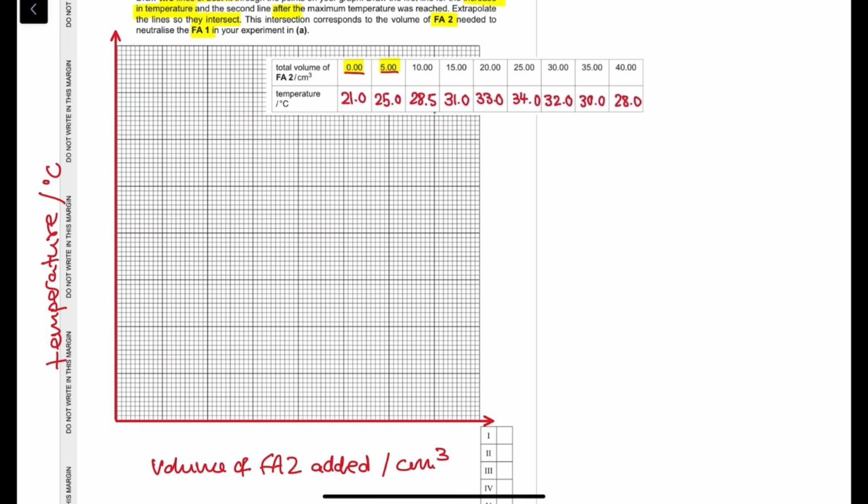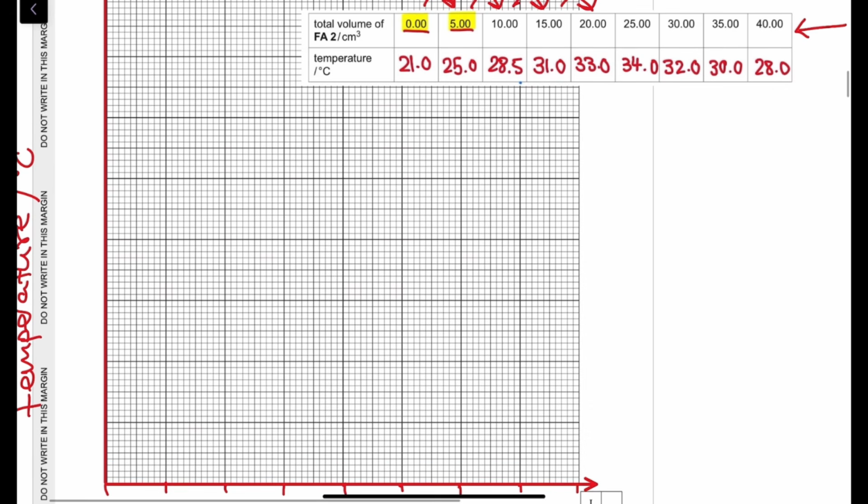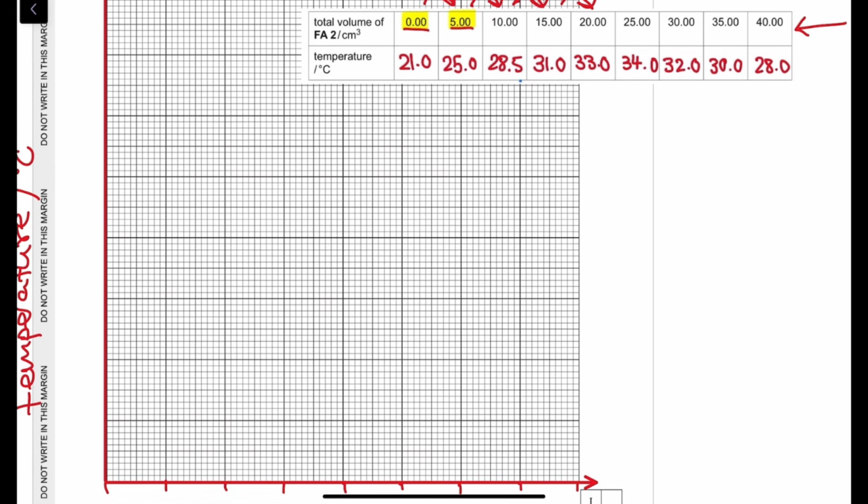So if we look at the x-axis scale, there is an increase in increment of 5. And there are 1, 2, 3, 4, 5, 6, 7, 8, 9 big squares. So I can just start with 0.00 and end with 40.00 and go up in increments of 5.